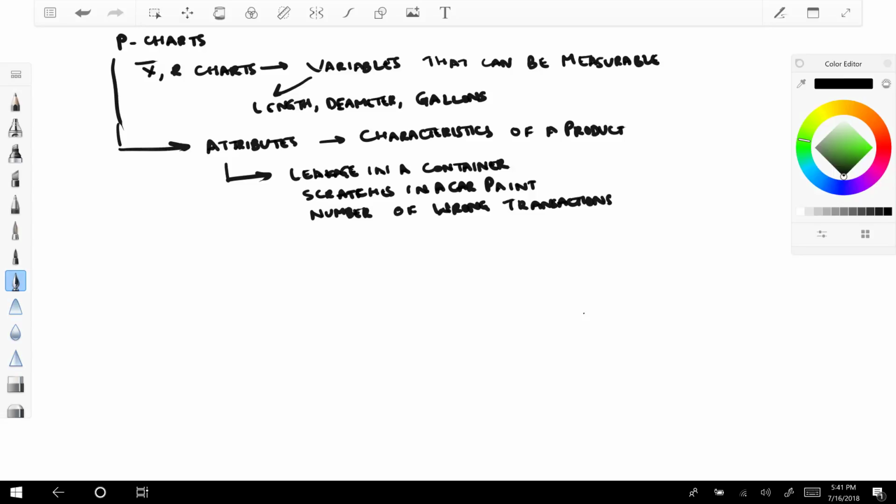Mostly the attributes are defined by a defective or non-defective unit. The other way we can say is conforming to a standard, conforming or non-conforming.